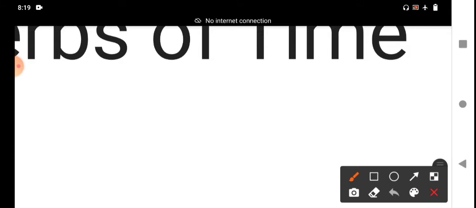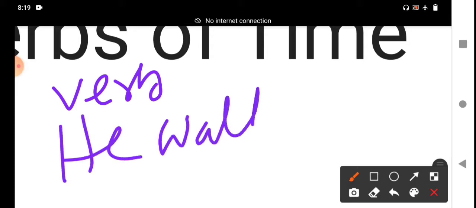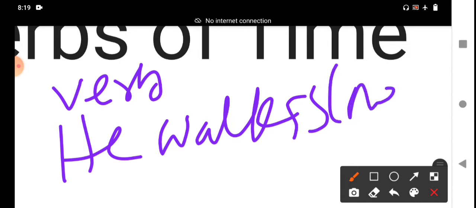According to the definition, what is the first function? It modifies a verb; it tells something additional, extra, about the verb. For example, he walks slowly. I will write this simple sentence on the screen: he walks slowly.